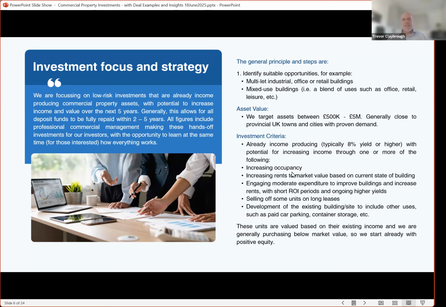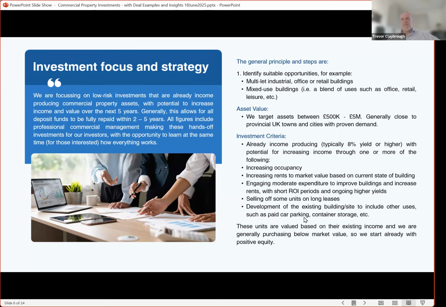One can be occupancy, adjusting rents to market value, renegotiating leases, sometimes doing some small capital expenditure improvements, but nothing significant. And then there are sometimes possibilities, if we've got multiple units, we can sometimes sell some of them off on long leases and do development of the existing building, or if there's land where we can build additional things.